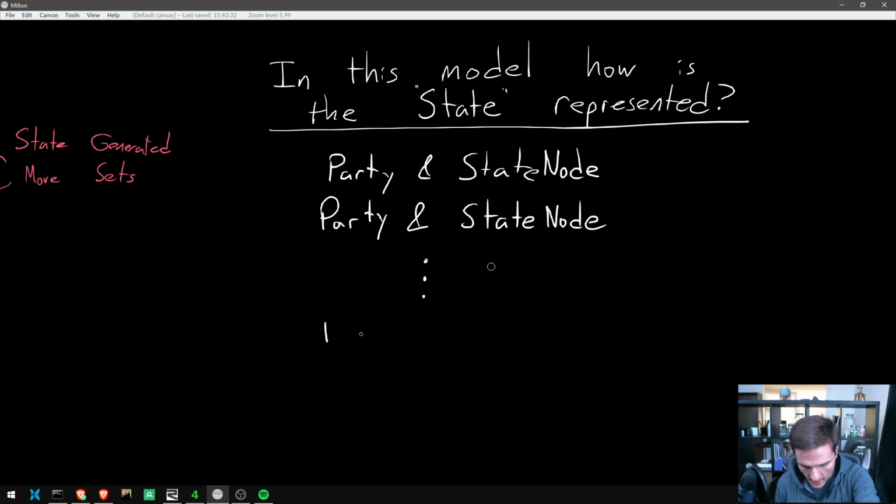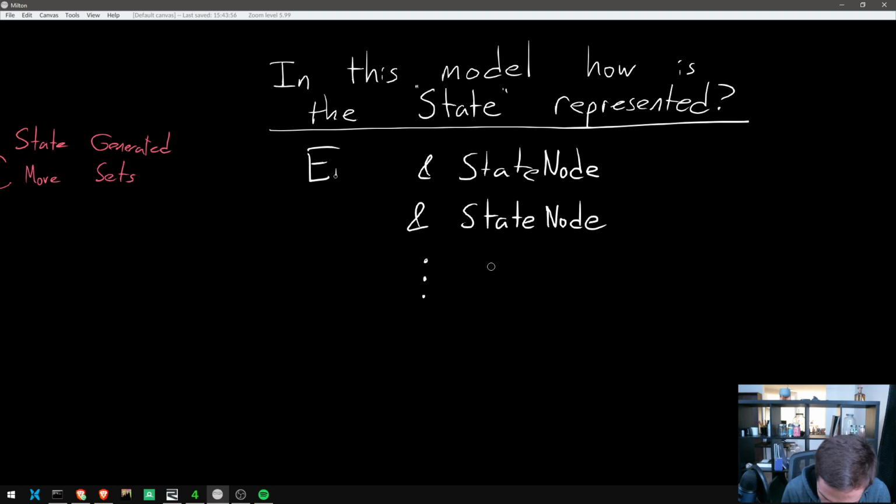Not sure how to be saying party. Yeah, I think it's party. Well, let me rename that. So we're now talking about this more generically. I'm just going to call each of them an entity.